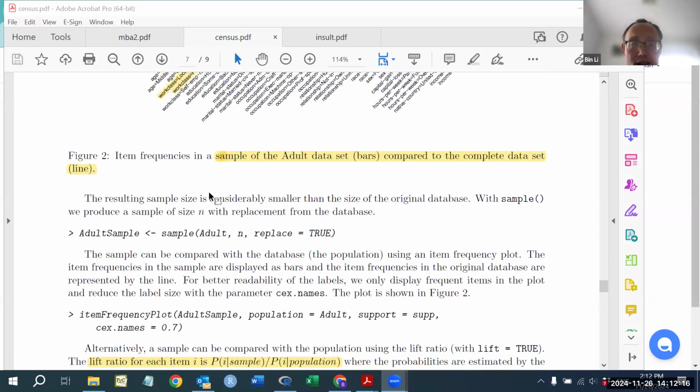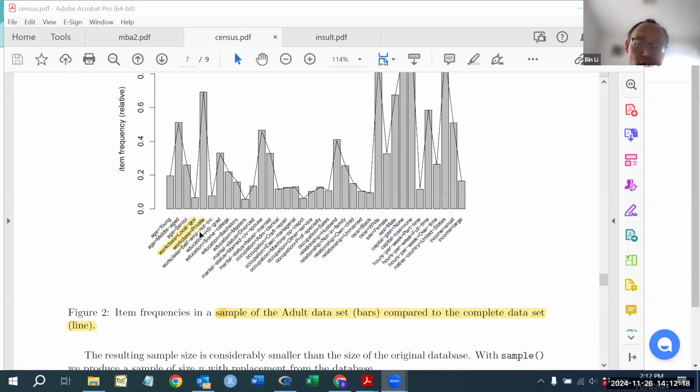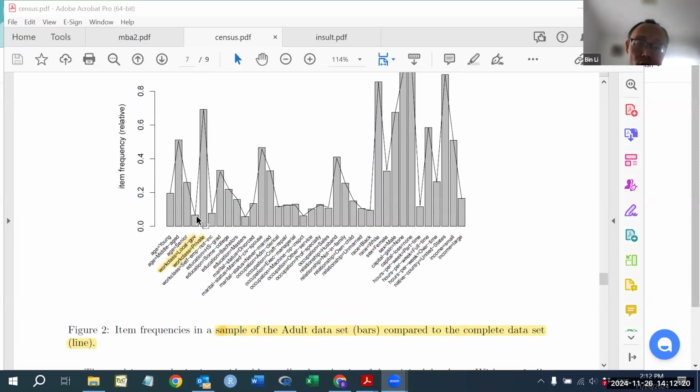The reason, if you look at the proportions of these two, is that local government has a high deviation from the true proportion because this class has a low proportion. Does that make sense?